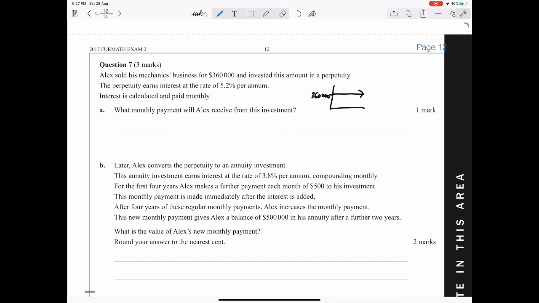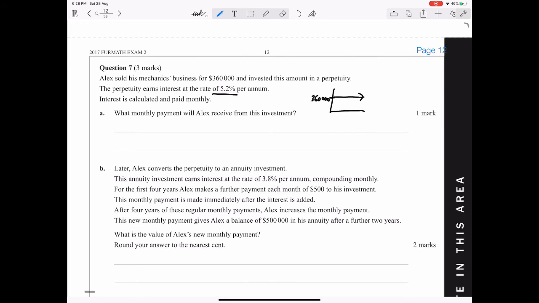So you should know that in a perpetuity, basically the investor receives the interest from the bank. So basically, $360,000, the amount that Alex would be receiving each month is the interest the perpetuity earns, which is 5.2% per annum.